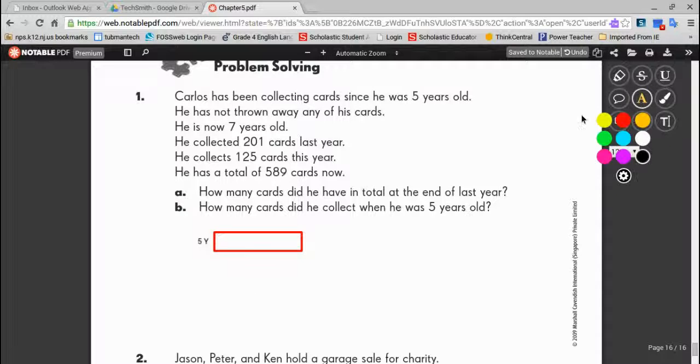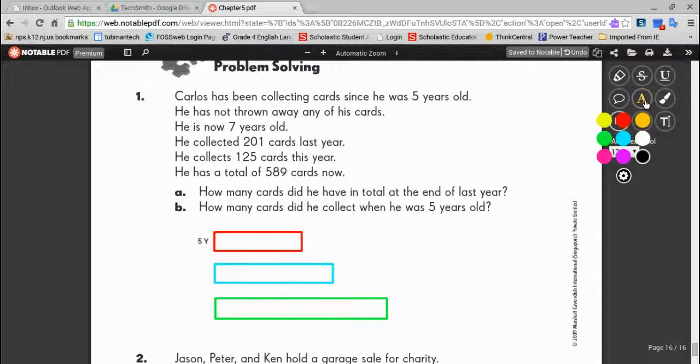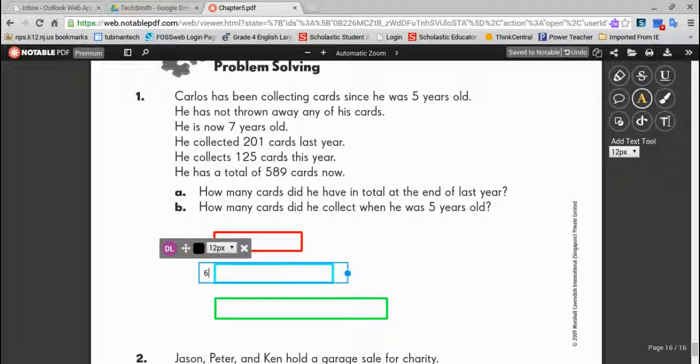All right. So here I need another bar model for 6. And I'm just going to make it bigger. And again, we can always change this. So this is my 6 years old. And let's make another bar model for 7 years old. So here I'm going to put 6y.